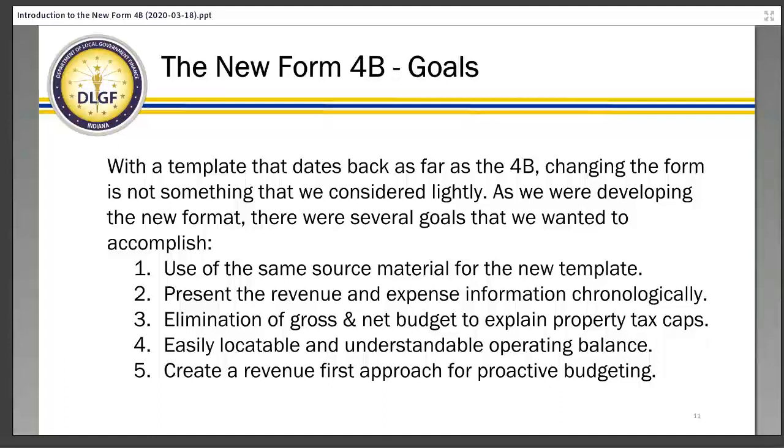Number 2, we wanted to present the revenue and expense information chronologically. In the existing format, we are looking at 3 silos, right? 1 silo for expenses, 1 silo for revenue. We wanted to change that up. We're still going to look at 3 silos, but the first silo isn't going to be dedicated to just expenditures. The first silo is going to be dedicated to revenue and expenditures in the last 6 months of the year.